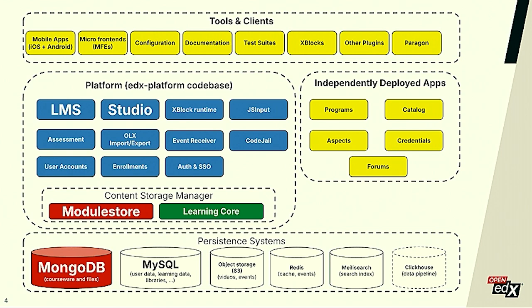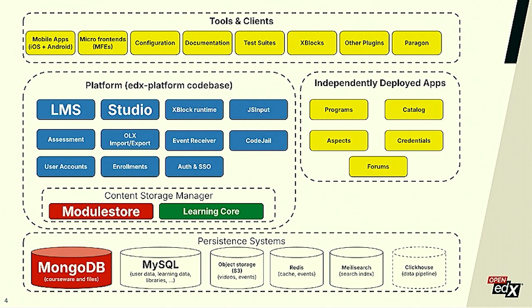And in turn, they store all their data in these actual databases: MongoDB, MySQL, S3, Redis, Meilisearch, and ClickHouse, and some other ones too. So MongoDB is strictly used for courseware and files, like you upload in the Files and Uploads page of Studio.